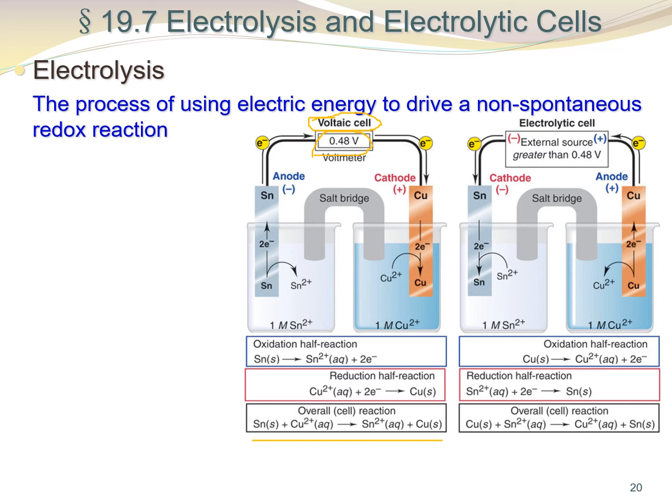Once we use up pretty much 70 or 80% of the zinc, this reaction kind of stops. Why does it stop? Because according to the Nernst equation, if we have too much concentration in this anode chamber, the reaction stops.